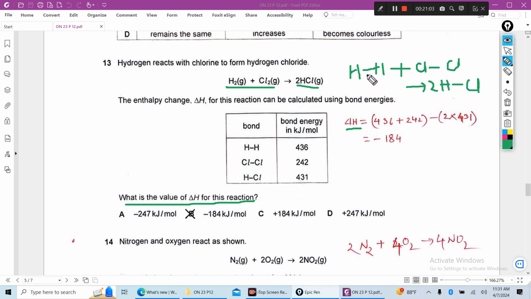Now hydrogen bond 436 plus chlorine bond 242 minus the product, 2 times the H-Cl bond, 431. If you calculate, you get negative 184 kilojoule per mole. So the answer will be B, minus 184 kilojoule per mole.